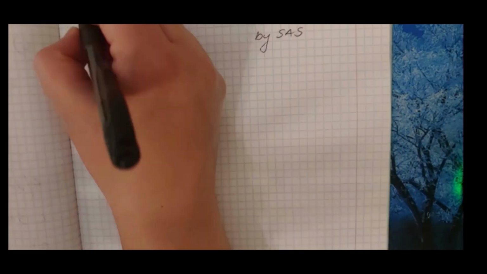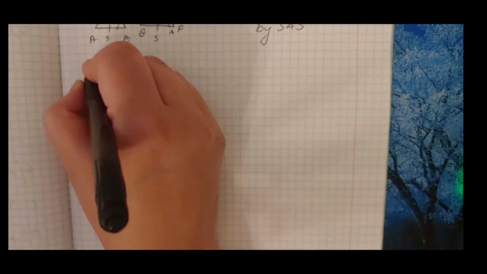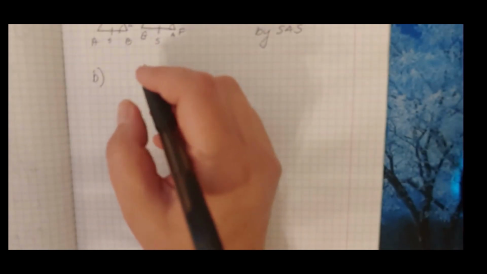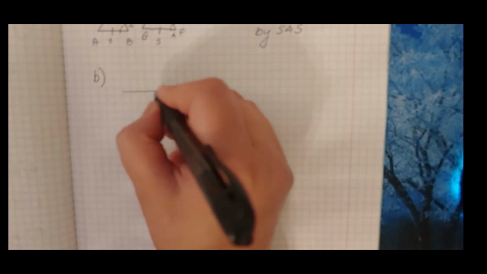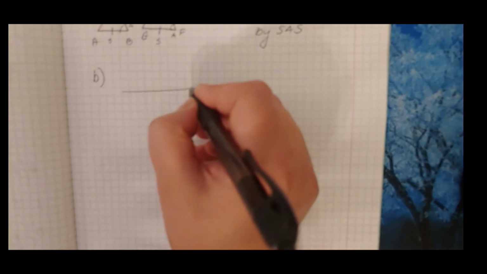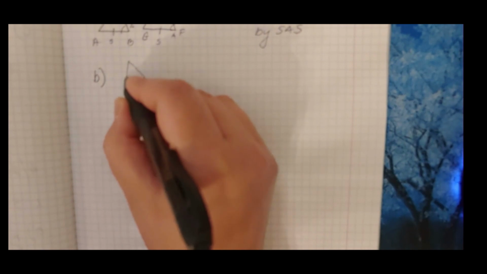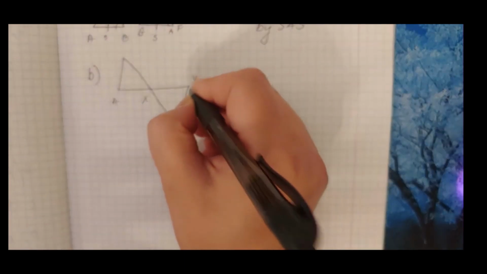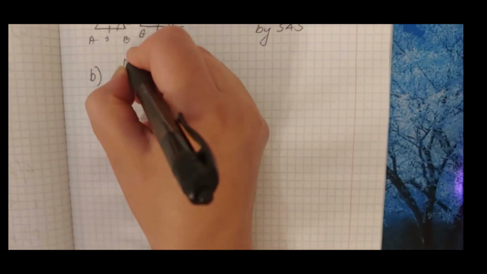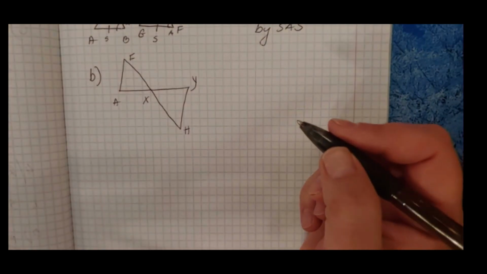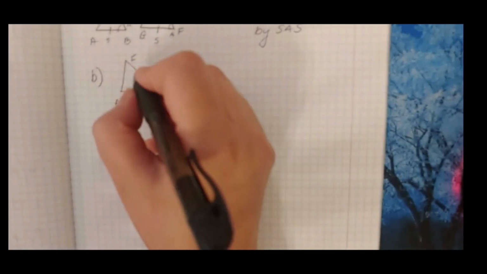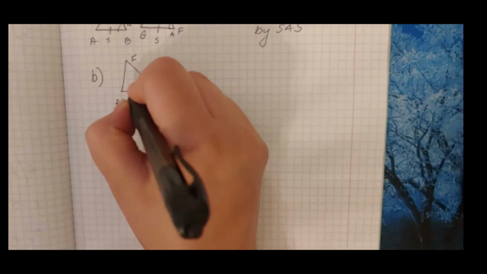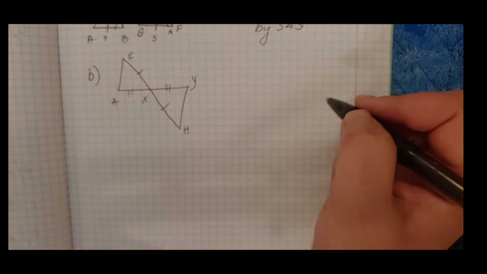Okay, so that was example A. Let's see B. So let's say they gave me those two triangles, A, X, Y, H, F. And they're going to mark side, and that's it.